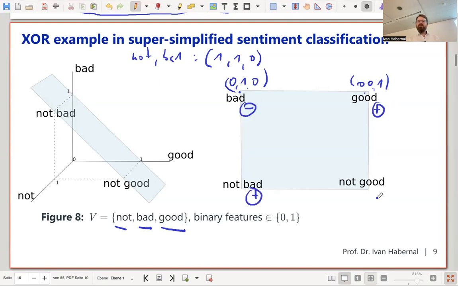This is negative, negative. Can you do that? And the answer is no, obviously, because I want to showcase the XOR. It's a real thing. It can happen. Even in this simple example, you need some nonlinearity to learn this function in this simple vocabulary. So you need to learn some nonlinear function that will map these words. Any questions?